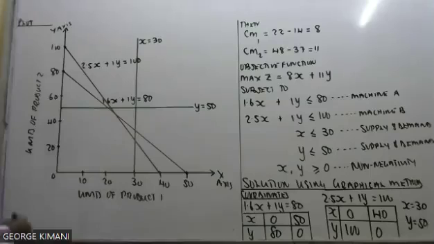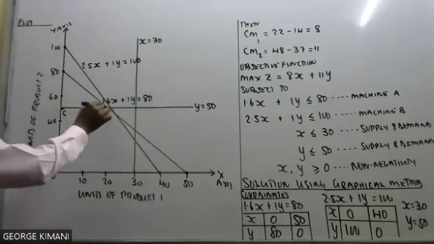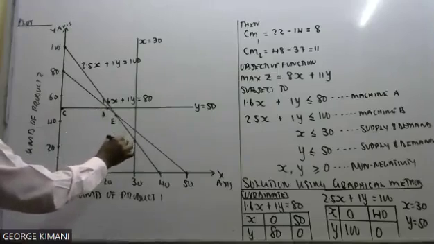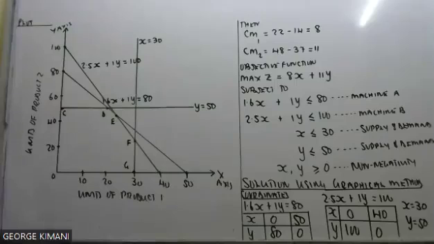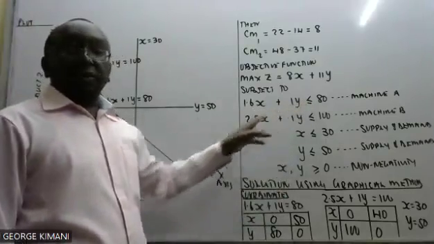Then these corners here: this one you can call C, this one you call B, this one you call E, this one you call F, and this one you call G. What we do, you see these sides are saying less than, so we want the lower side.